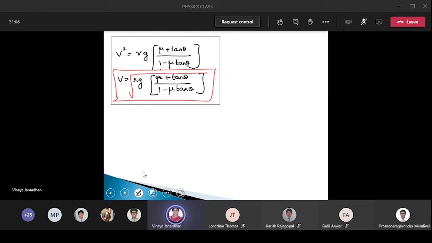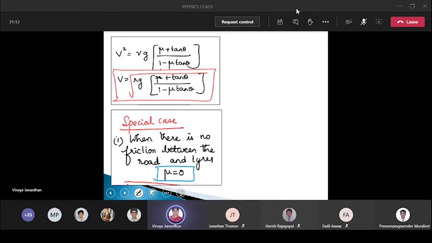Now let us see a special case when there is no friction between the tires and the road. Suppose this happens, which means it's completely frictionless, mu becomes equal to 0, right? If mu is 0, it indicates there is no friction.